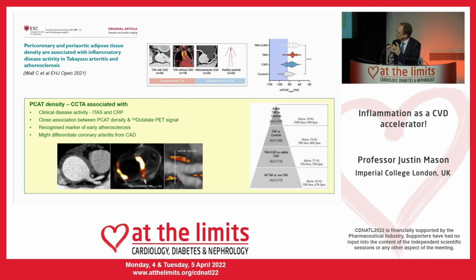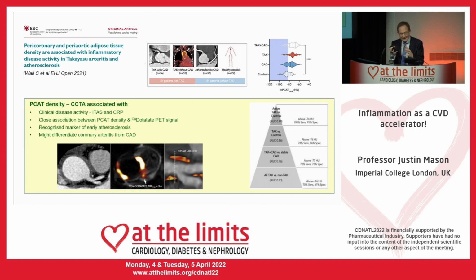I'm not going to go through the data in detail, but what Jason Tarkin, myself, and James Rudd were able to show is that the perivascular fat density associated with both the Takayasu clinical disease activity as measured by ITAS, but also with the CRP. There was a close association between the PCAT density and the results of the gallium dotatate scans in these patients, so linking inflammation to the changes.